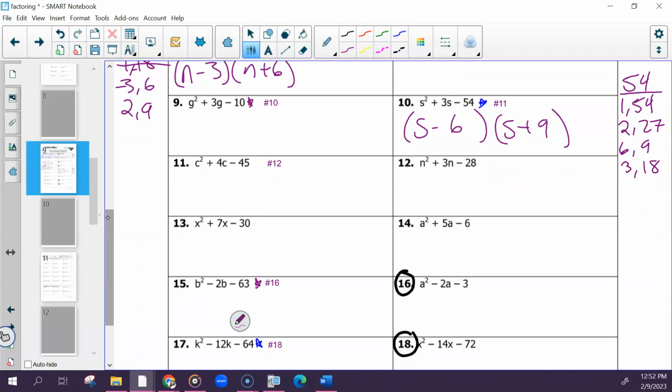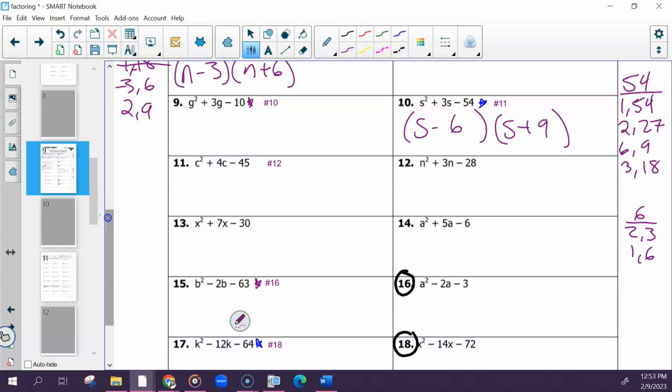Right, and then let's do 14. Factors of 6. 2 and 3, yes. 1 and 6. Which of those could we make negative? That has to be 5. Negative 1.